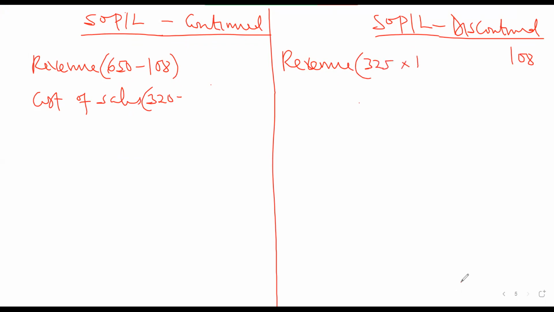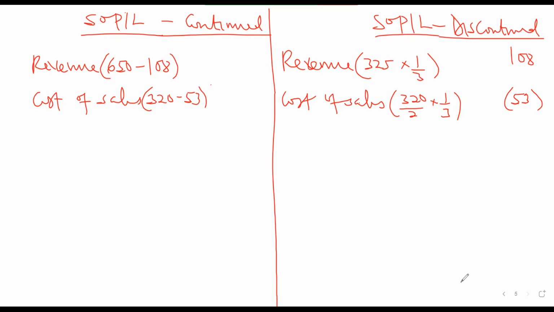Cost of sales will be 320 divided by 2 times 1/3. What are we getting? I'm getting 53.3, so that will be 53. Let me subtract 53 over here and see what I'm going to be getting.